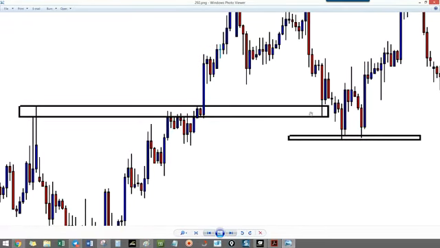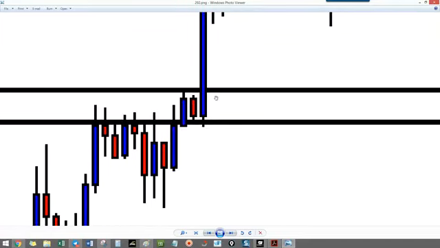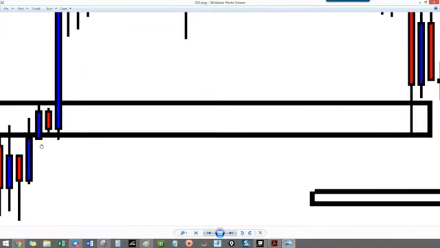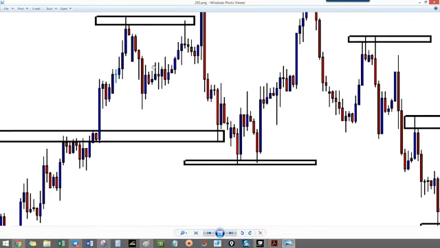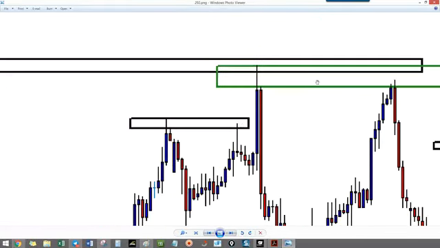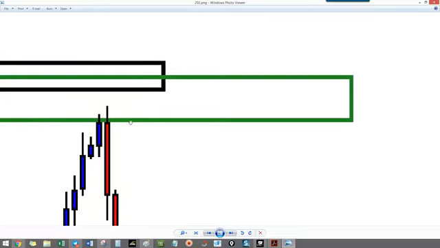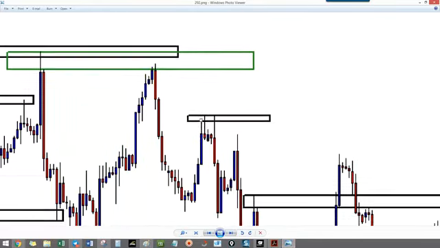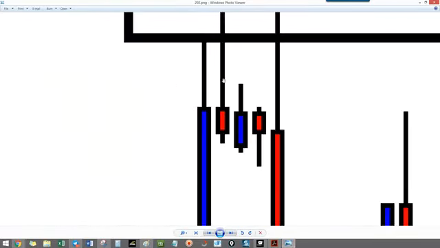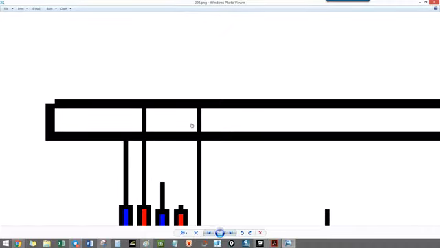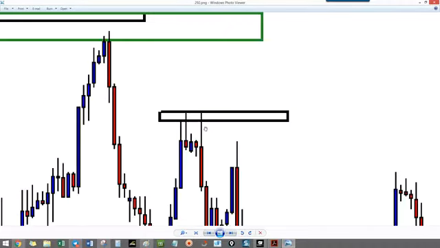This one, this flip zone, and you will also have a base here. Okay, so this base you will also have two shadows. Okay, you can also use this one, you got a little bit of float. This one, cancel out this one, cut loss, and then entry out here.